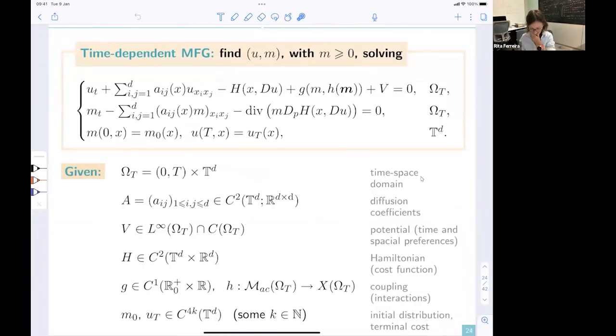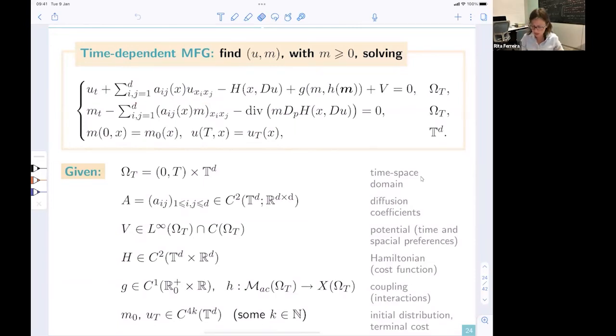Very well. So again, this is the general form of the mean field game. It's similar to what was before, but now the second order terms are written in this way, and this could be, as I mentioned before, and it's going to appear in a further slide, degenerate.